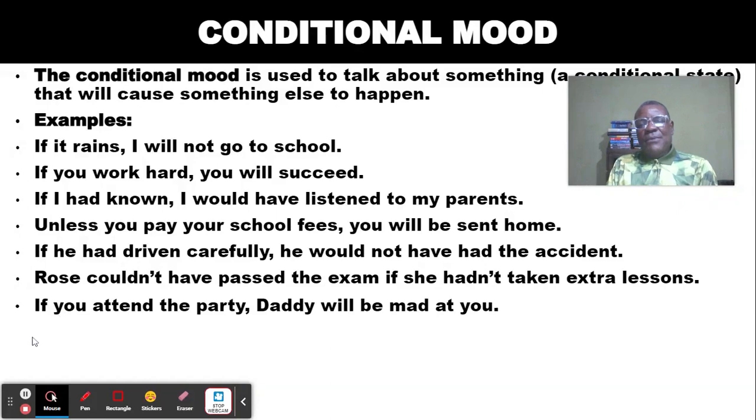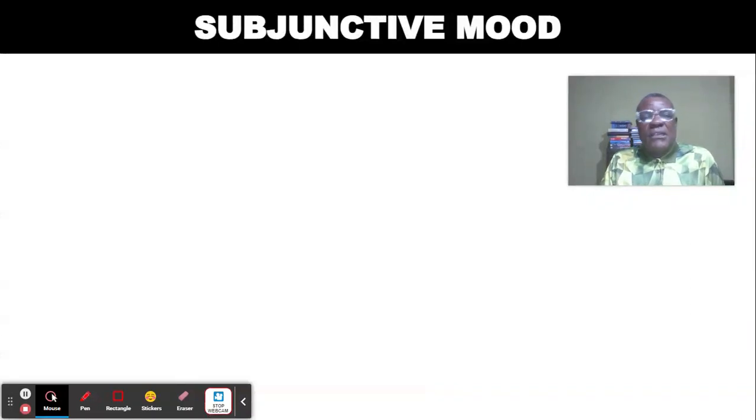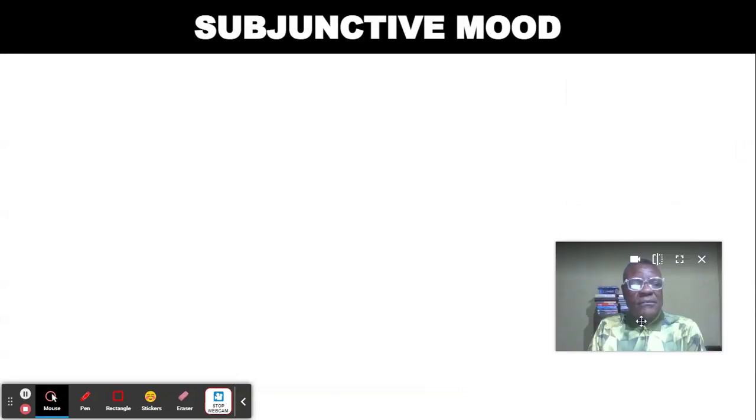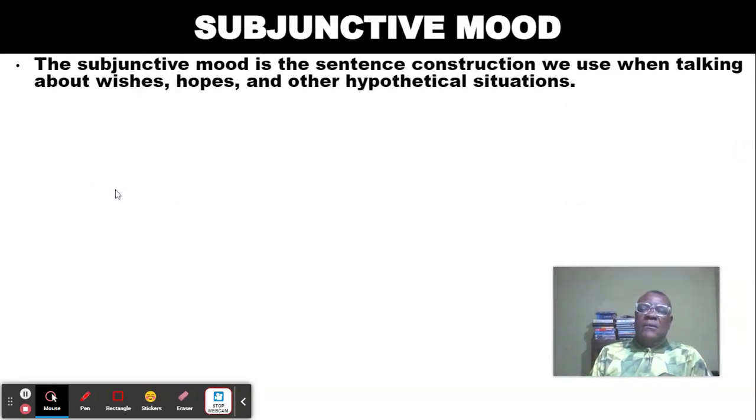Okay, so that brings us to the next mood, the last but not the least, which is the subjunctive mood. The subjunctive mood is the sentence construction we use when talking about wishes, hopes, and other hypothetical situations.